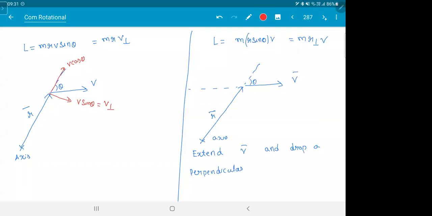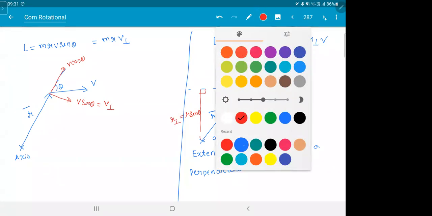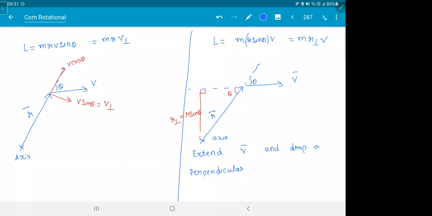Here the perpendicular distance would be this, which is r sin theta. You can use any one, both are right, you'll get the same answer. You have to see which is more convenient, m r v perpendicular or m r perpendicular v. Any doubts, please ask me. It looks quite similar to the torque calculation we did.